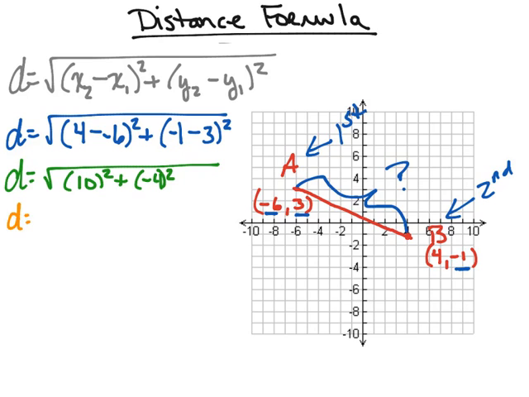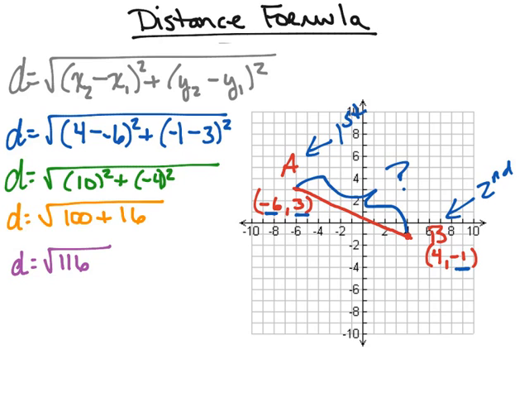Now I'm going to move on to the next step, which is to square, or the exponents. So I've got 10 squared, which is going to be 100. And then I've got a -4 squared. -4 times -4 is +16. Now I'm going to add that 100 plus the 16. 100 plus 16 is 116.